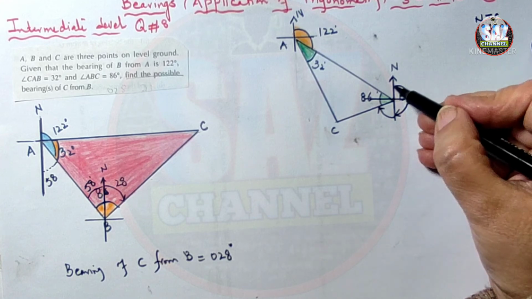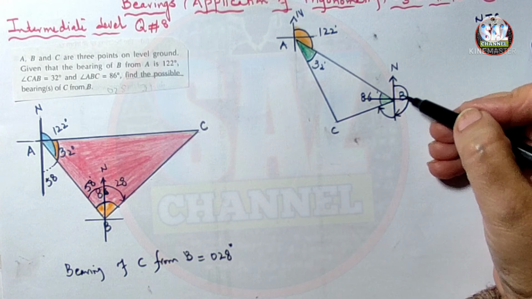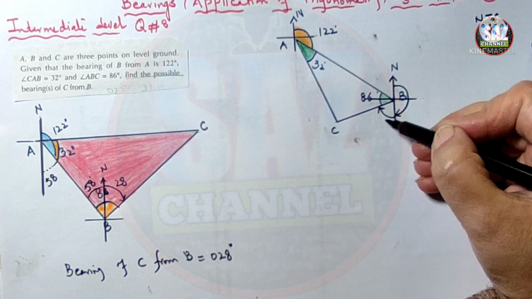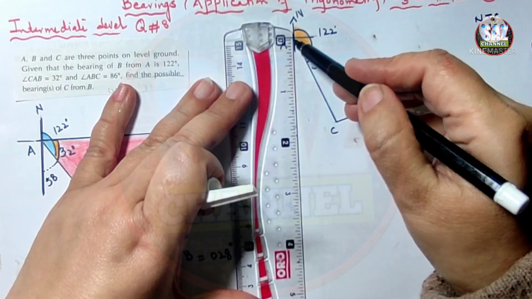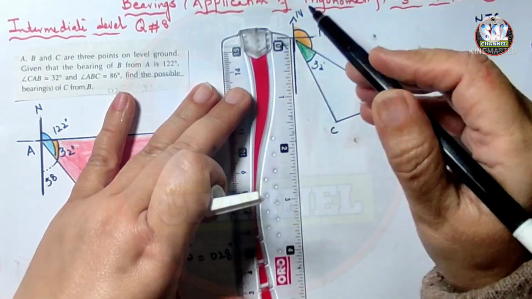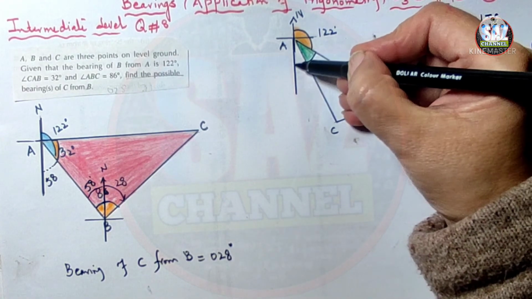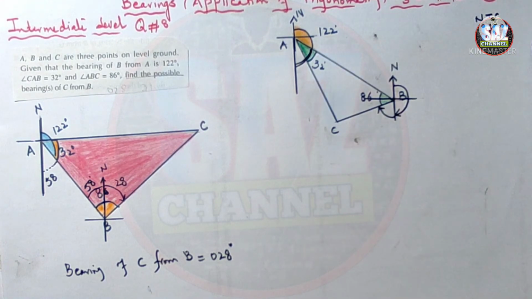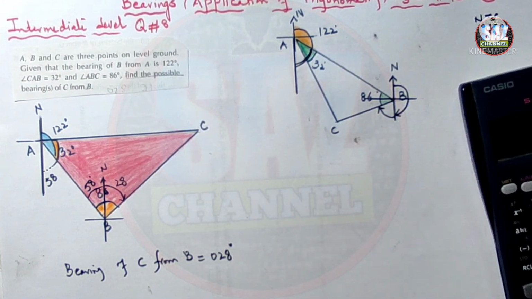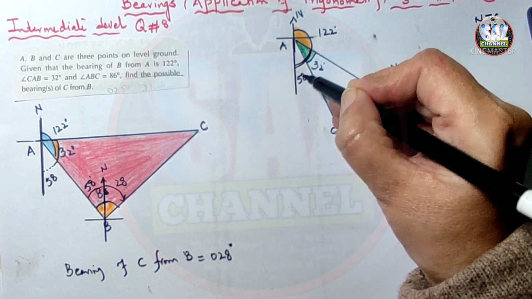Now I need to find the degree measure of this whole turn. What about this value? How to find it out? Now if we try to create Z in our diagram, you can see that this remaining angle is 180 minus 122, which is equal to 58 degrees.